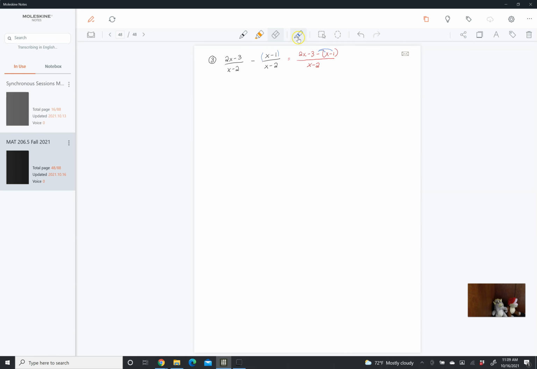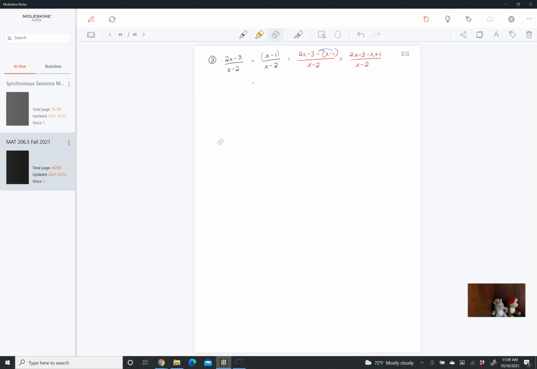And what we get when we combine these is 2x minus x over x minus 2. And again, I'll write this extra step. Well, actually, this really is an extra. This you should include. This becomes 2x minus 3 minus x plus 1 over x minus 2.